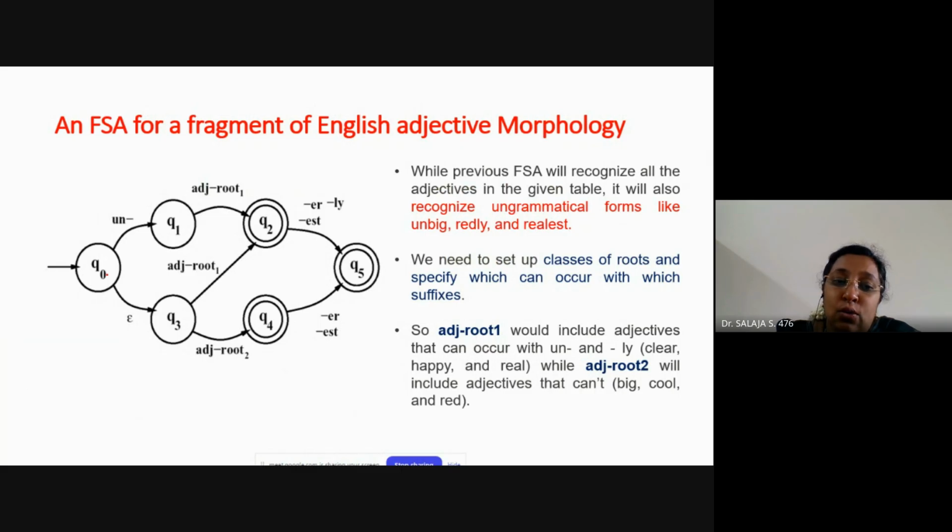If it is a root where prefix can be added, it goes through this way. That is root 1. And then you have epsilon. If it is an adjective root 1 where prefix can or cannot be added, it goes through this way. If a prefix cannot be added at all, then I take it to the next root. You have Q0, Q3, Q4. There you end, and then you have all the other suffixes to be added.